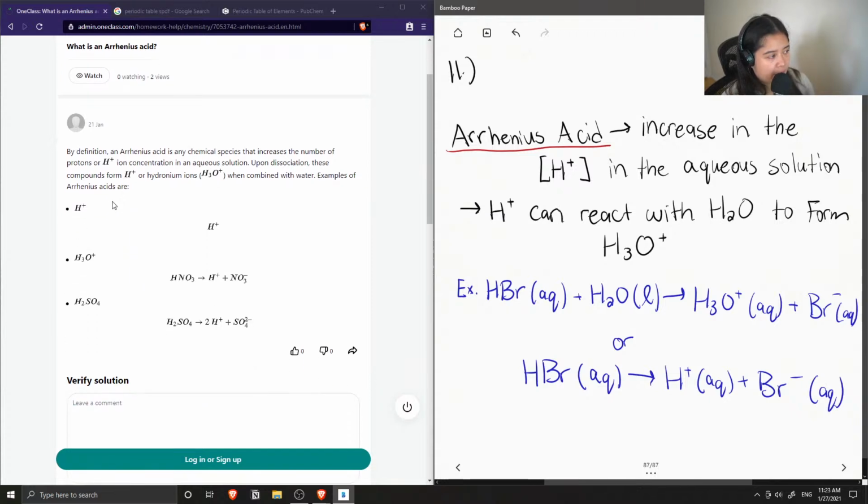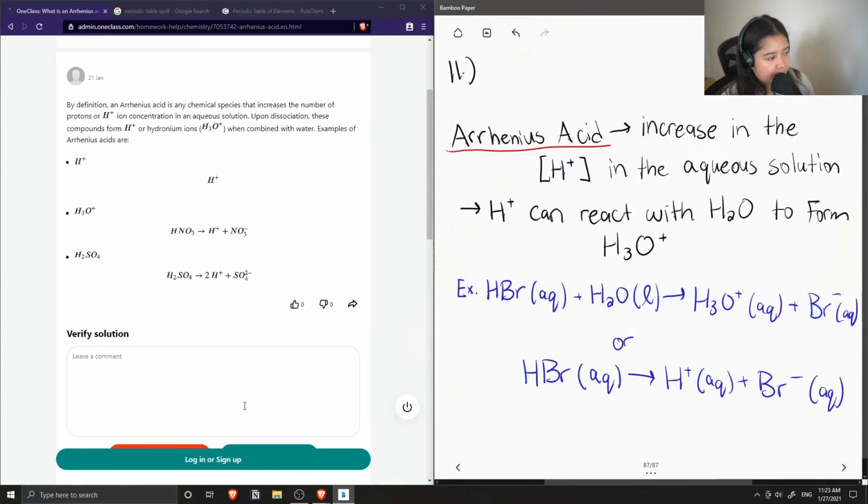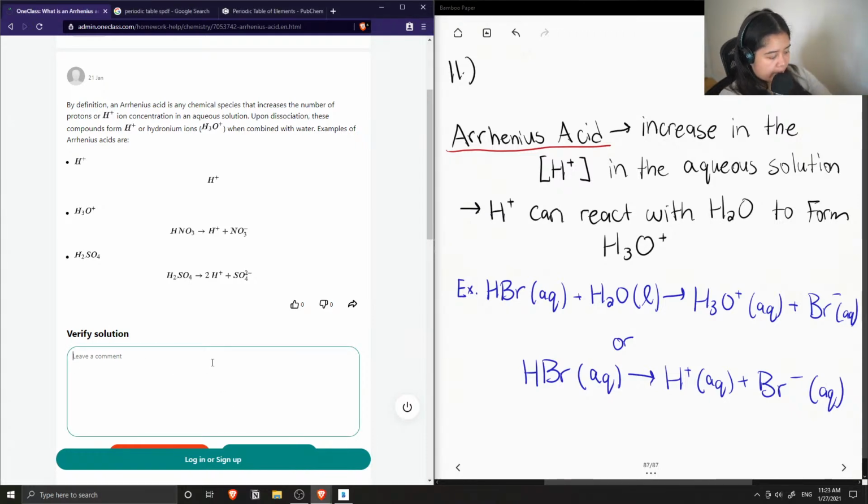Some examples of Arrhenius acids are H plus in general, H3O plus, H2SO4. Yep, they showed some examples there. So this solution is correct.